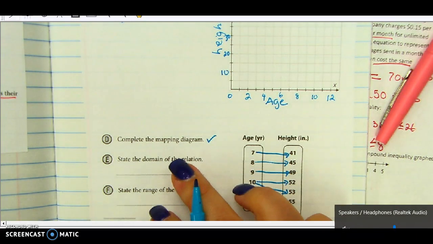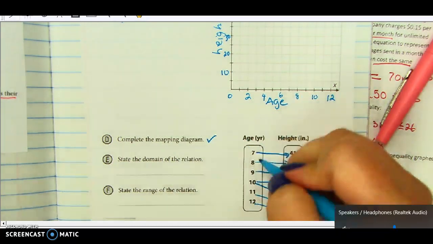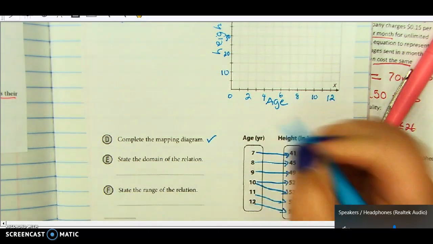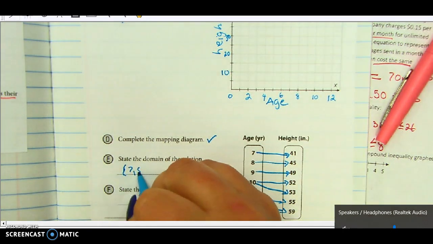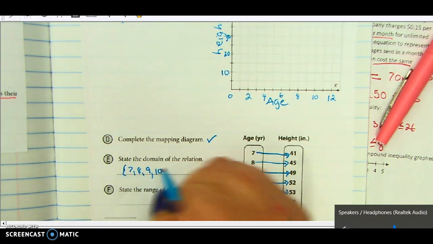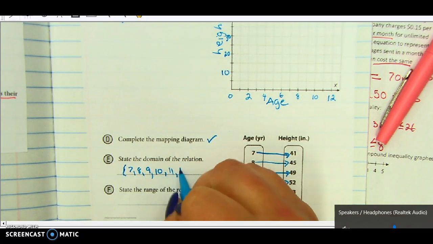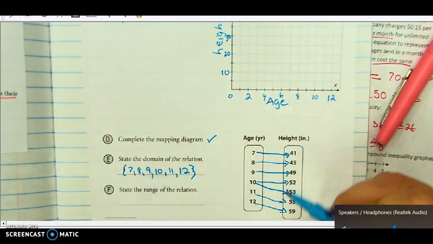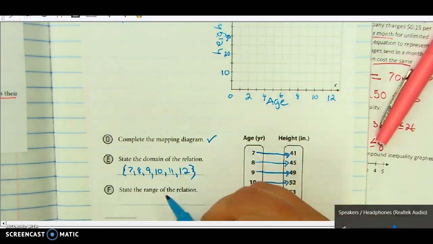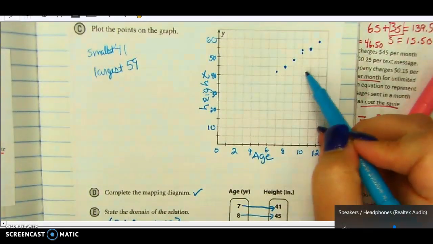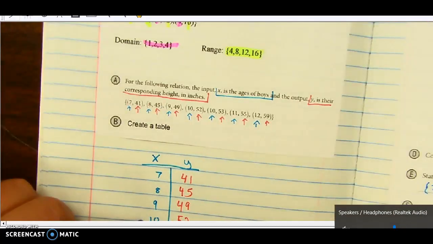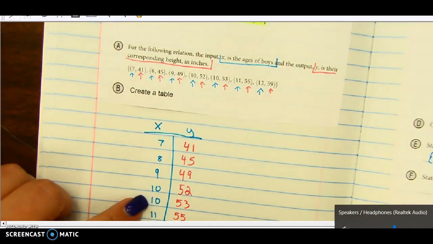So stating the domain is simply all of these here. So you could say 7, 8, 9, 10, 11, and 12. Notice I have 2 10s in my graph up here and 2 10s on my chart, or my table.